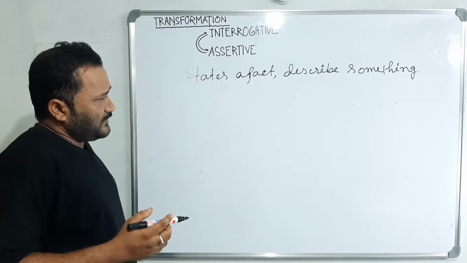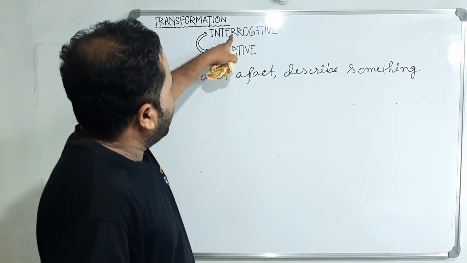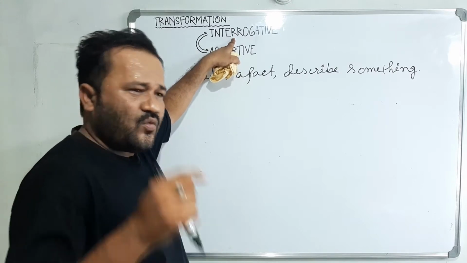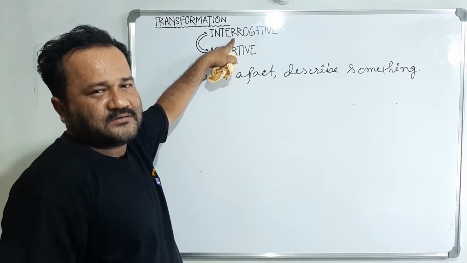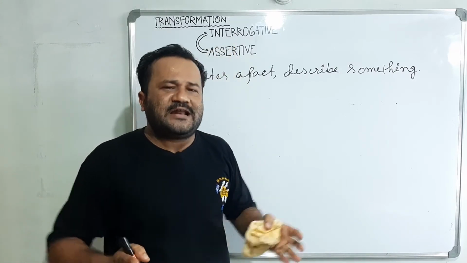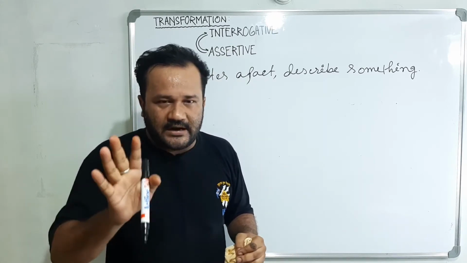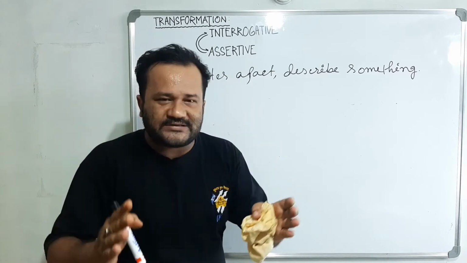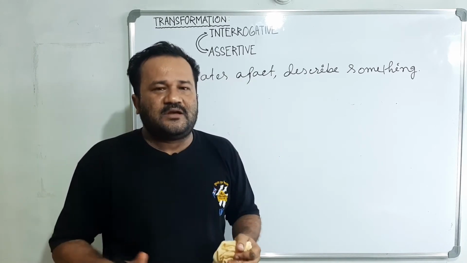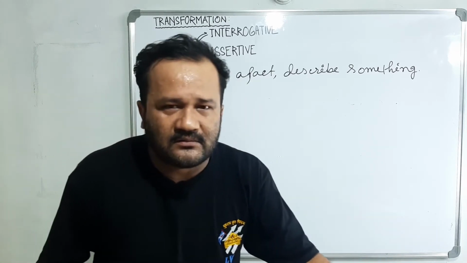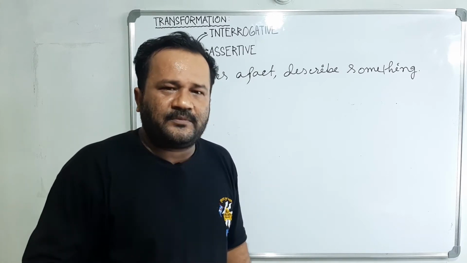Now, interrogative sentence. What is an interrogative sentence? You use interrogative sentences every day to ask a question. Clear? To ask a question, to know something. If I say, what are you doing? If I say, what is your name? Okay.